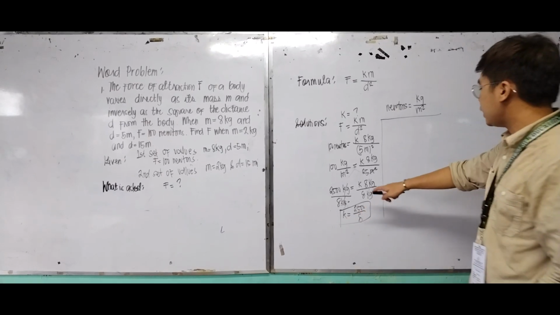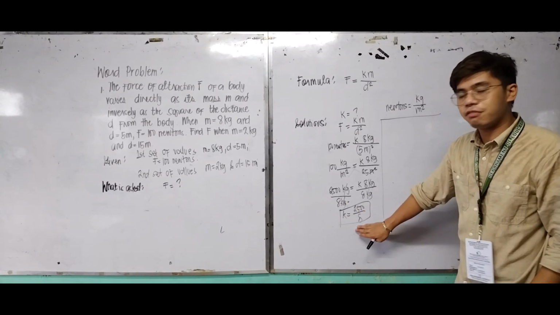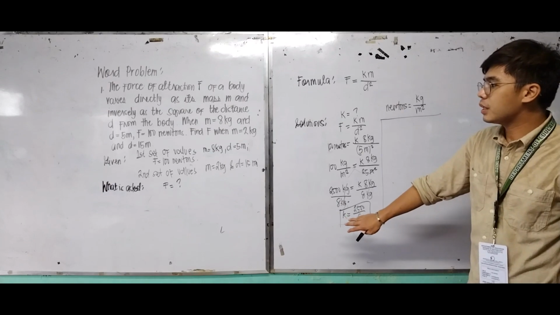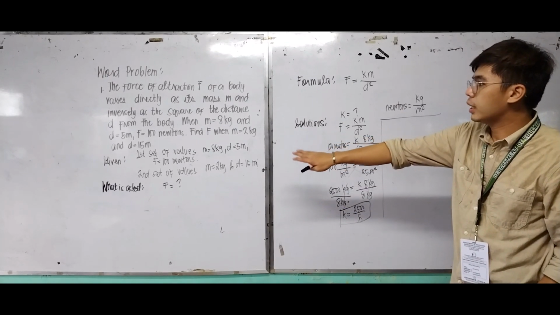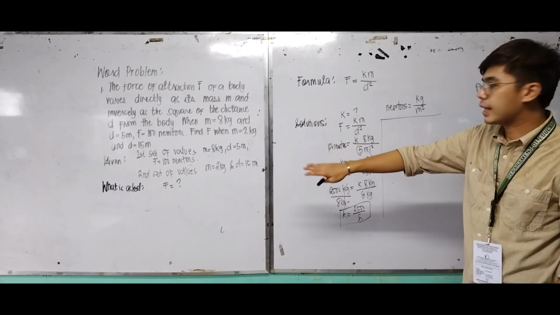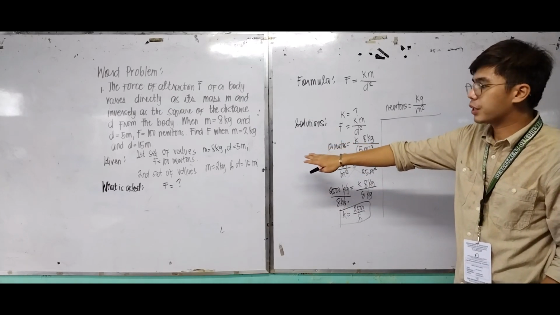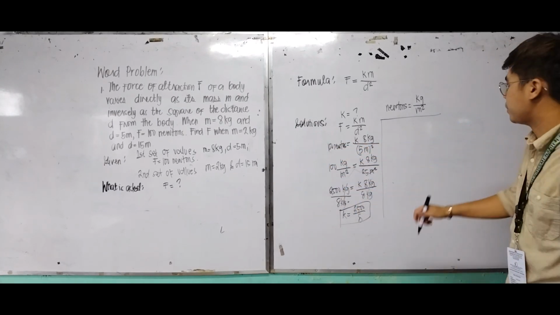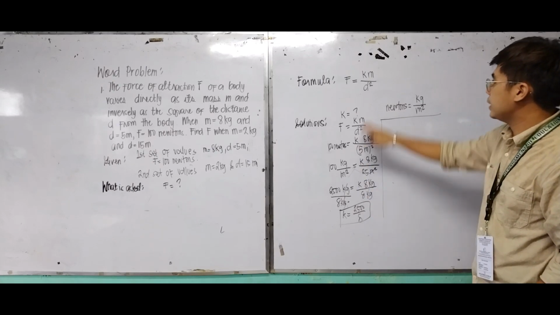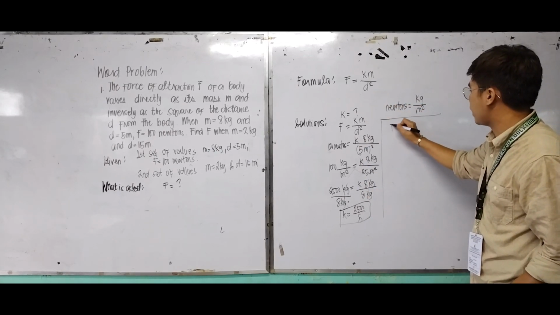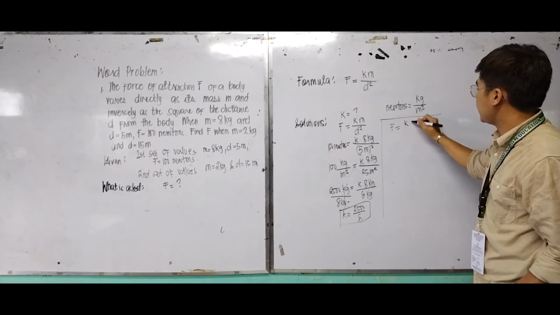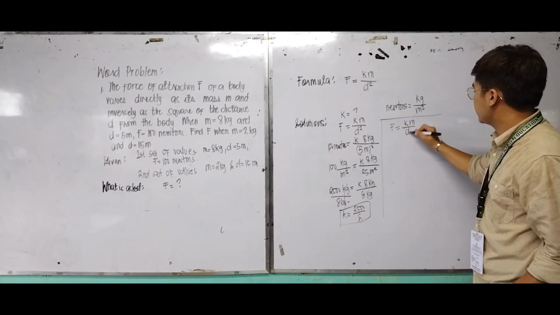Okay, now since we've already found the value of K, next we will find the value of our force of attraction given that the mass is 2 kilograms and the distance is 15 meters. We will use again the given formula, which is F equals K times M over D squared.